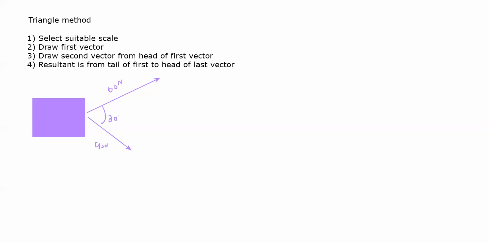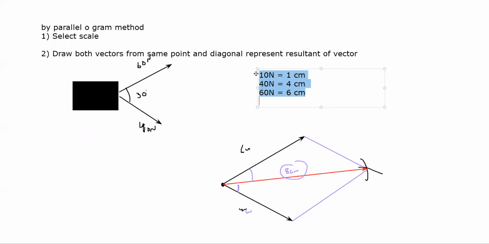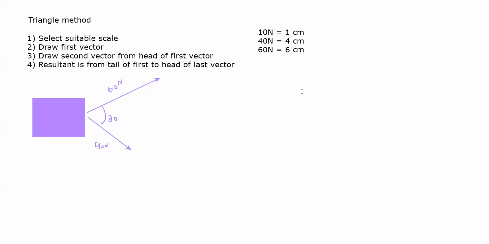Because I'm taking the same values, I will select the same scale. Then you draw the first vector. For example, I draw 60 Newton. This is the first vector.